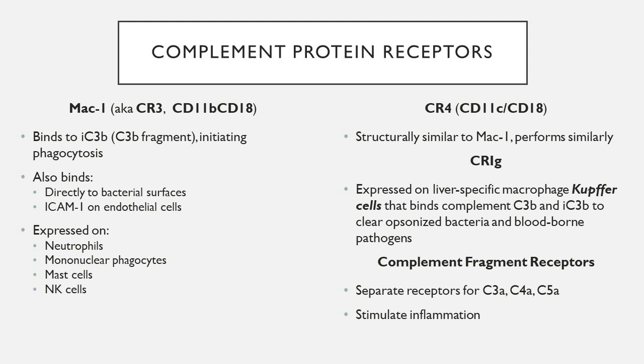And there are also receptors for the different complement fragments like C3a, C4a, and C5a, and these all help, in general, stimulate inflammation. So that in general describes the complete pathway of this cascading effect of complement activation, the formation of the byproducts, and what cells have what receptors that can recognize any of these complement proteins.